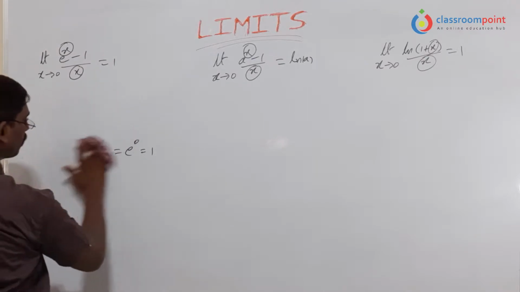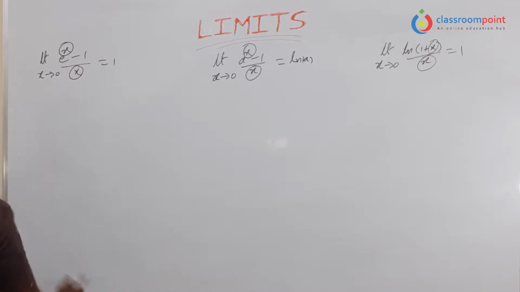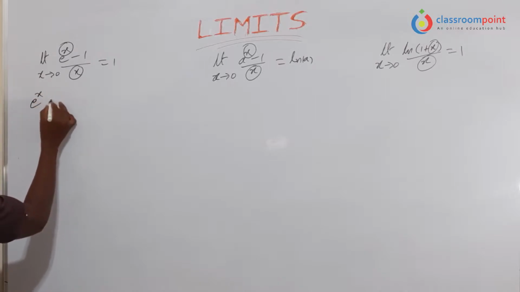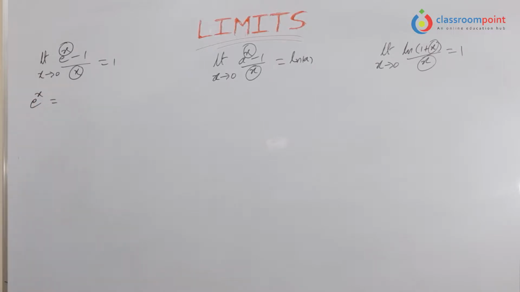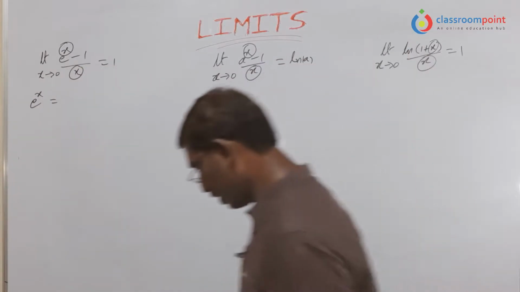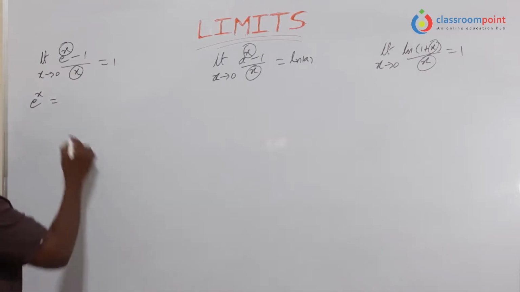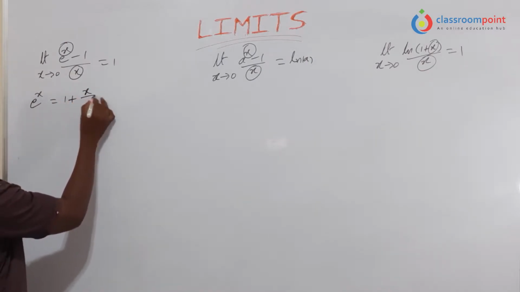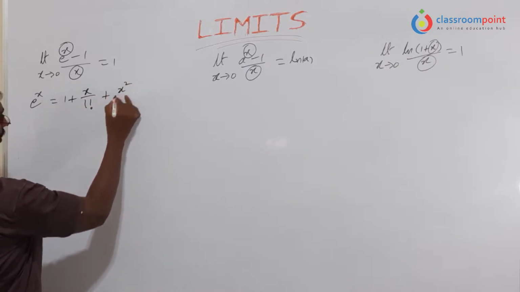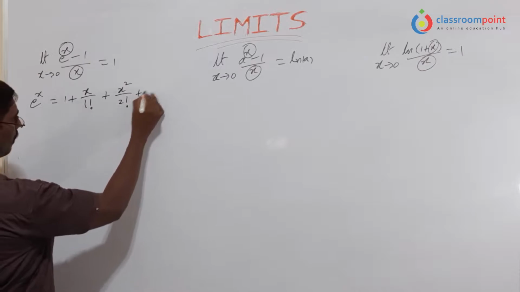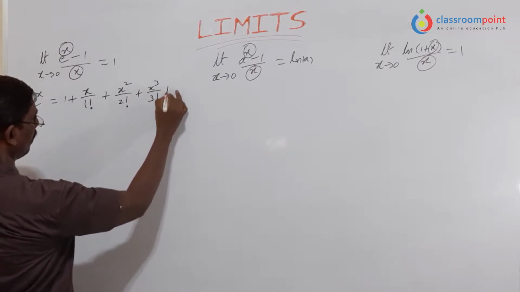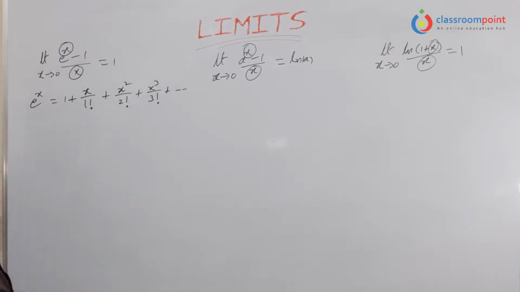And one more, conceptual, for solving the same formula. What is the formula for e power x? Already everyone knows the series formula: 1 plus x by 1 factorial plus x square by 2 factorial plus x cube by 3 factorial plus and so on. Right?